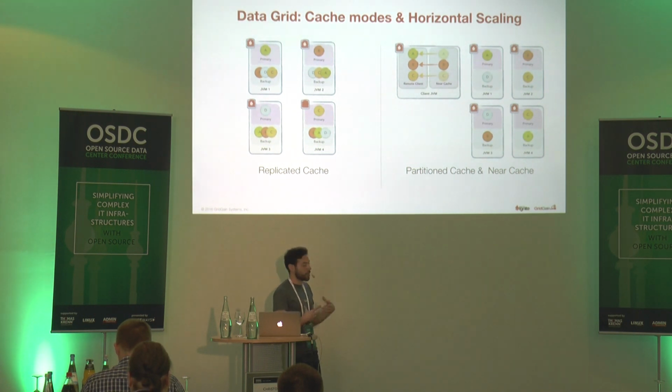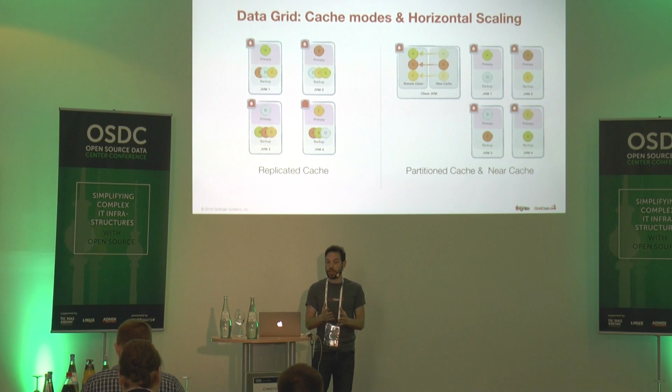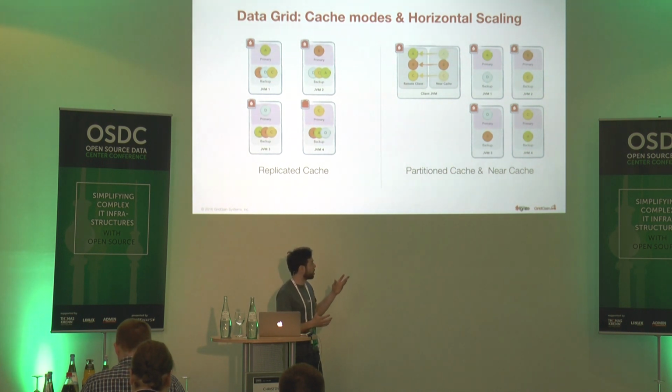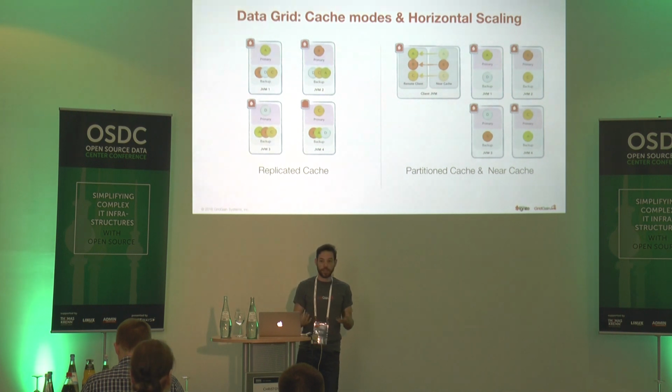If you're working with transactional data and you really care about firm data consistency, then you can switch on transactionality and drop the availability for data consistency, right?